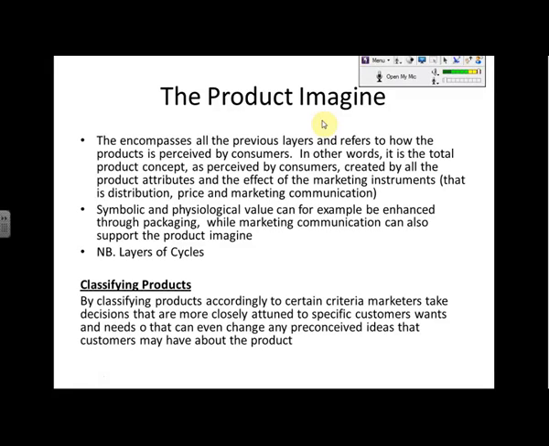How do we classify products? We classify products according to certain criteria. Marketers take decisions that are more closely attuned to specific customers' wants and needs, so that they are able to even change any preconceived ideas that customers have of their particular product.